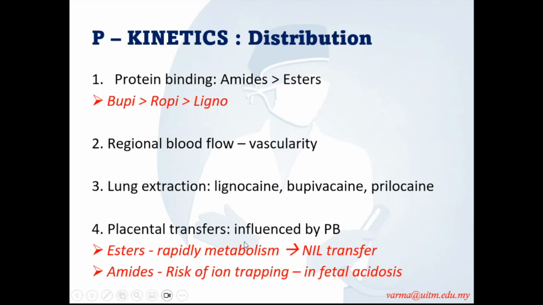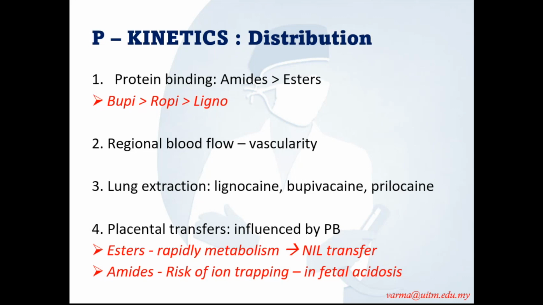Those with low protein binding can easily cross the placenta, whereas those with high protein binding, like bupivacaine, have the lowest transfer. Comparing esters with amides, esters are rapidly metabolized by plasma cholinesterases, so they have almost nil transfer across the placenta. Amides do get transferred across the placenta. This is the concept behind the risk of ion trapping in fetal acidosis.